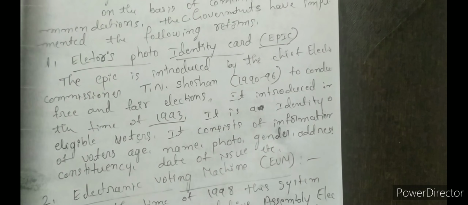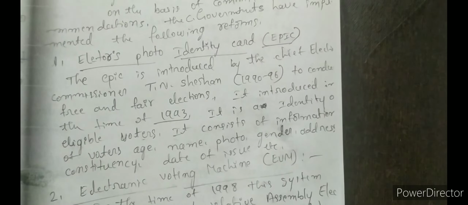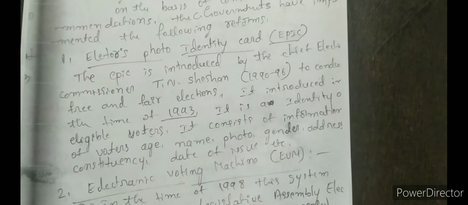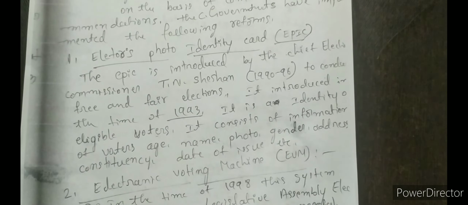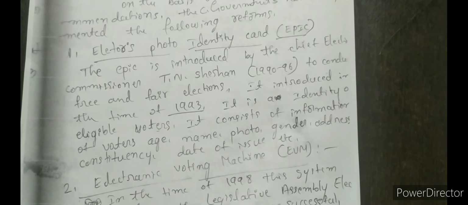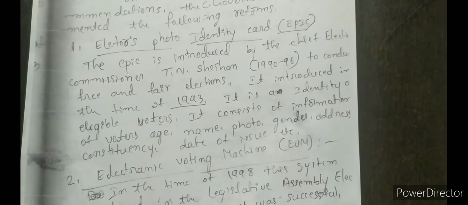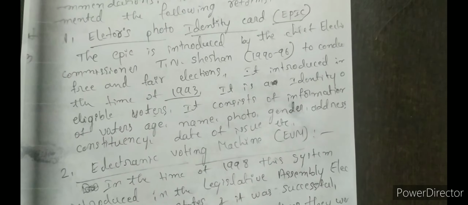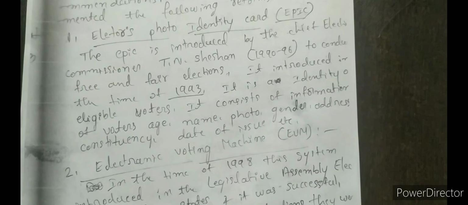On the basis of committees' recommendations, the central government has implemented the following reforms. First one, the Elector's Photo Identity Card, that is EPIC. EPIC was introduced by Chief Election Commissioner T.N. Seshan, in his term of 1990 to 96, to conduct free and fair elections in India.